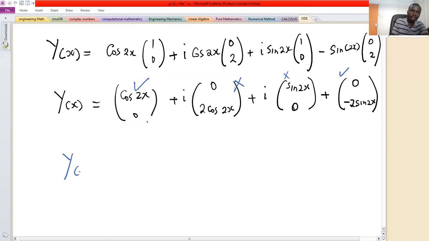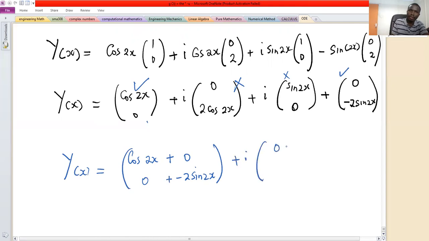So we'll have y of x is given by cosine of 2x, 0, plus 0, plus minus 2 sine 2x, plus i times 0 plus sine of 2x, and then 2 cos of 2x, plus 0.